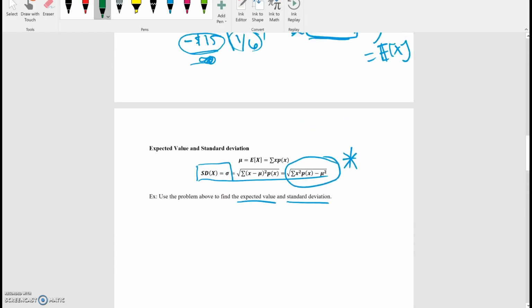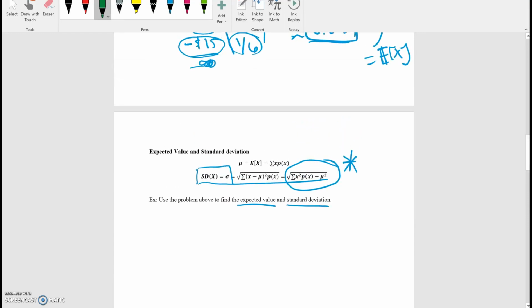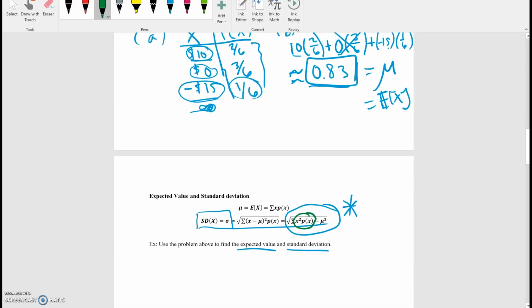Okay, so first let's go ahead and figure out this part, right? So we're going to take all of our x's. So here are all of my x's, and I'm going to go ahead and square them. So I'm going to take 10 and then square it and multiply it by the probability, which is 2 out of 6. Then I'm going to add it to the next one, 0 squared, multiplied by the probability, 3 out of 6.